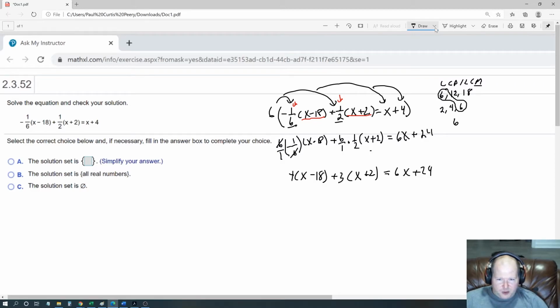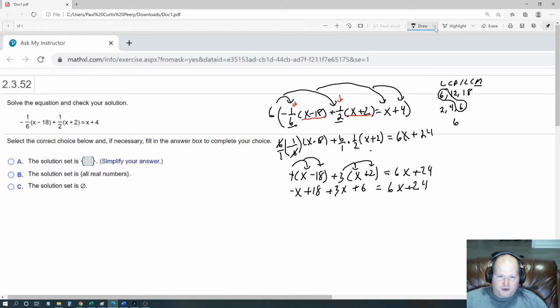Now we have no more fractions. Next we distribute the coefficients. A negative 1 times x is negative x. A negative 1 times negative 18 is positive 18. 3 times x is positive 3x, and 3 times 2 is 6. And you still have 6x plus 24.